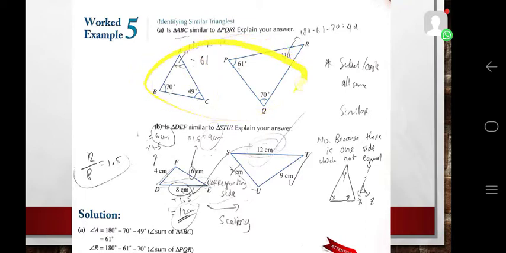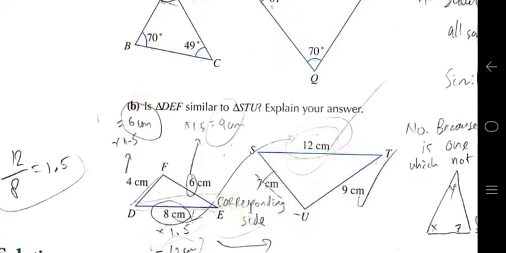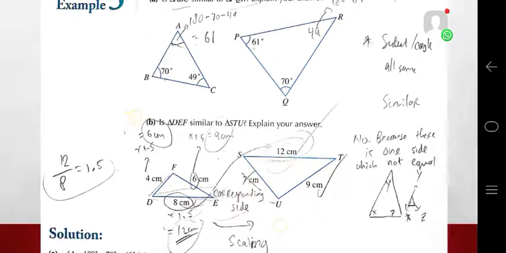This one, angles are given, so you make sure the angles are the same. This one, length is given, so you have to make sure that the ratios of all the lengths are equal. So these two triangles could be similar if this were 6, not 7.